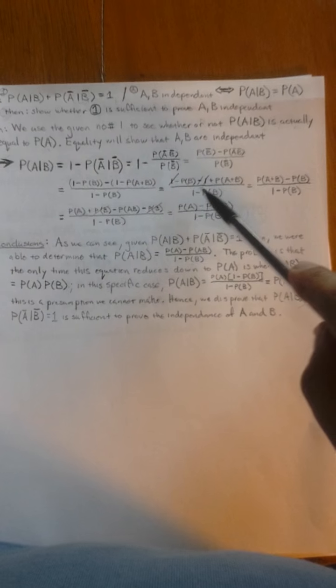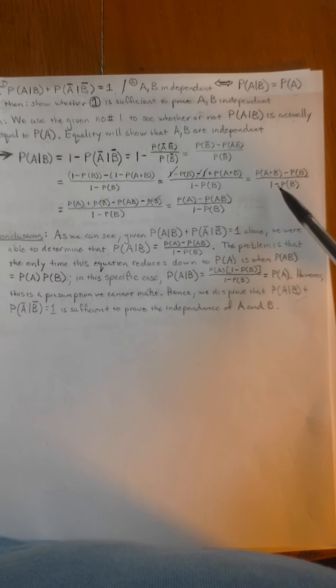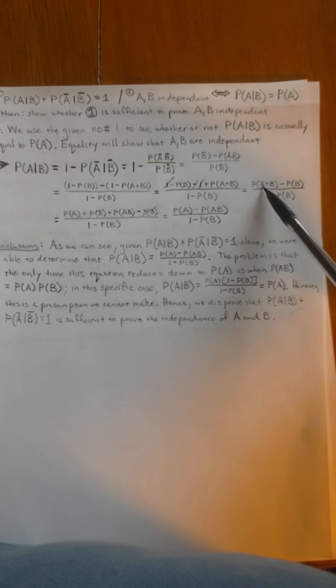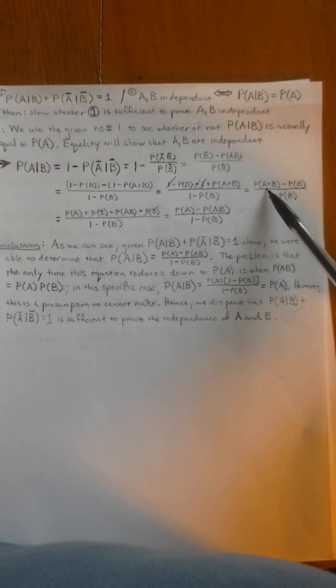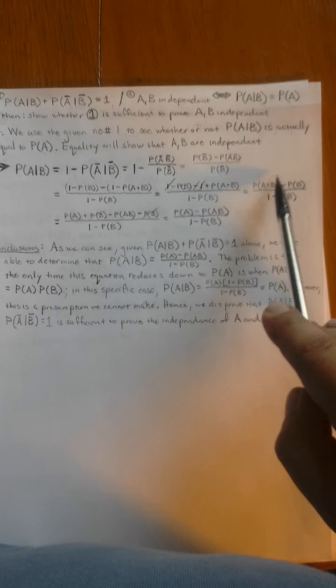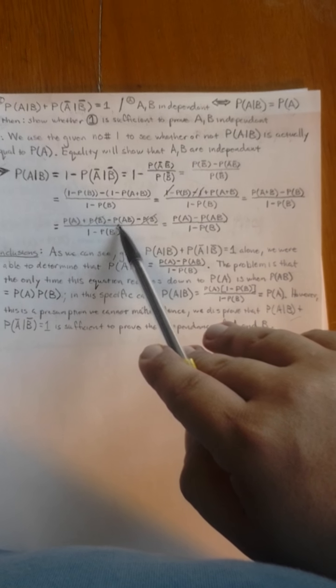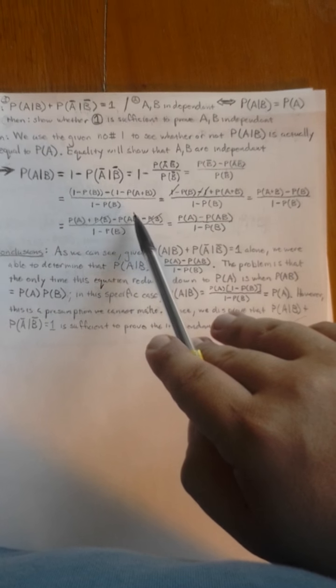Remember, this is all derived directly from here. We haven't done anything else. We haven't made any changes. This is basic manipulation. Now, given this term right here, we can break it down further into, instead of just the probability of the union of A and B, the probability of A plus the probability of B minus the probability of the intersection term.